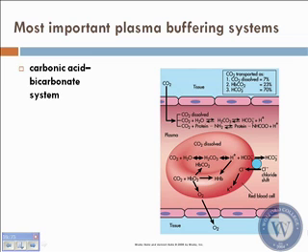Carbonic anhydrase is what converts CO2 and water into carbonic acid. What's interesting about the red blood cell is that it takes that hydrogen ion and binds it to the hemoglobin, which helps carry the CO2 back to the lungs and also helps unload the oxygen at the tissue level.